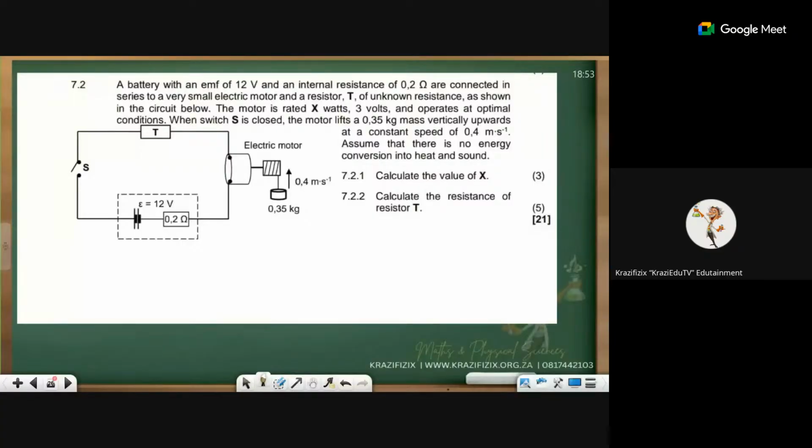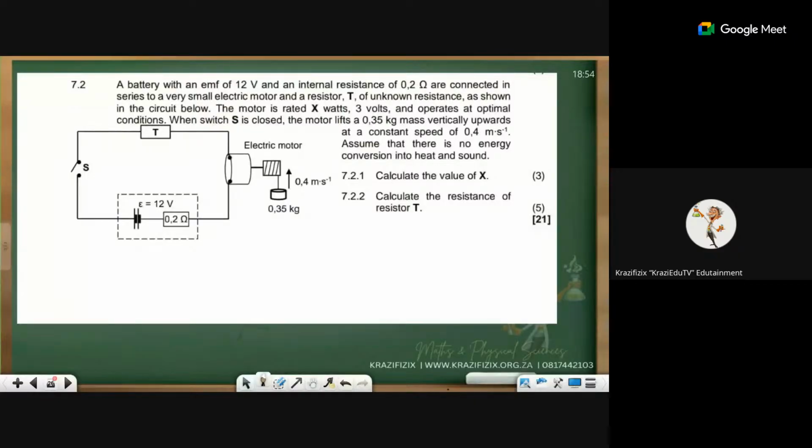Now, they told us that the resistor T is unknown. The motor is X watt. That tells me about the power. 3 volts and operates under optimal conditions. When switch S is closed, the motor lifts 0,3 kg vertically upward at a constant speed of 0,4.